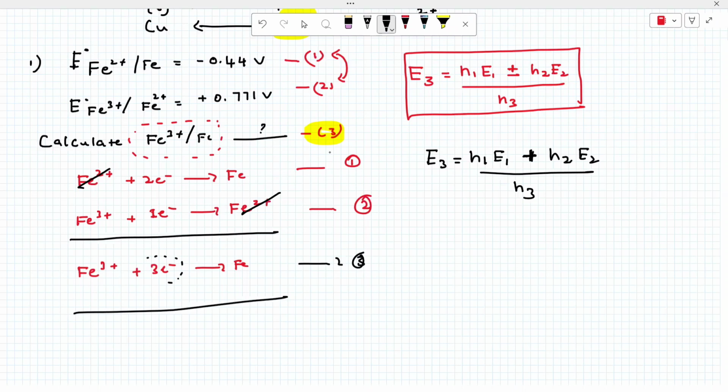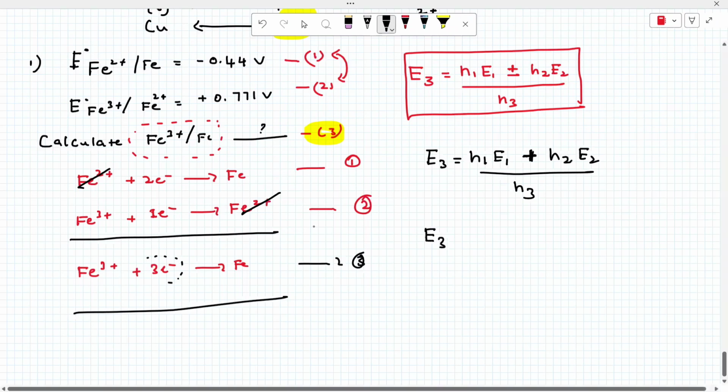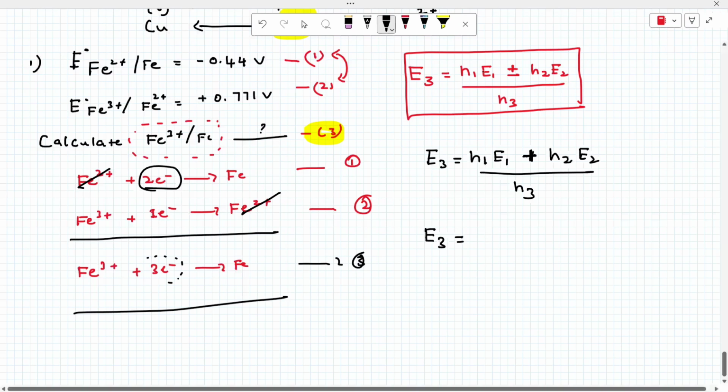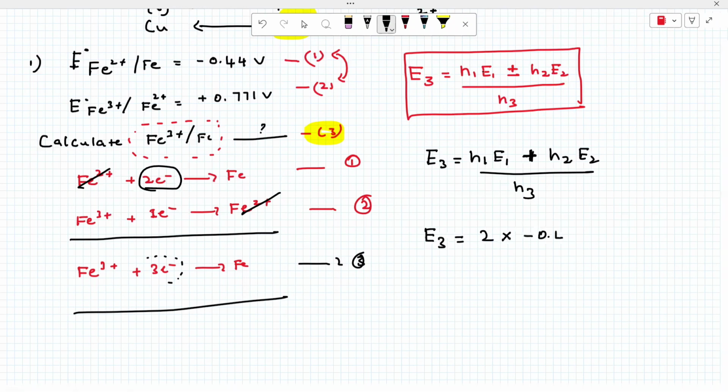What is the N1 value for this reaction? 2 electrons. So minus 0.44 times 2, plus N2 value 1 times E2 value 0.771, divided by N3.